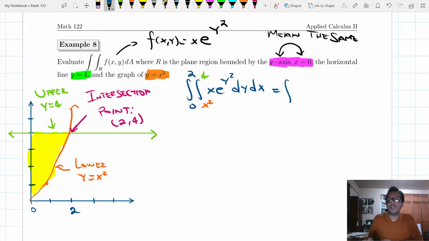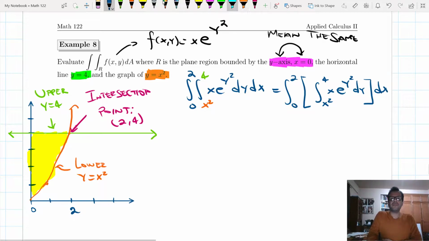Now, as usual, let me write down the big bracket and separate the innermost integral from the outermost one. Let me highlight the integrand, and notice I'm highlighting the dy, which denotes that we are going to integrate with respect to y.